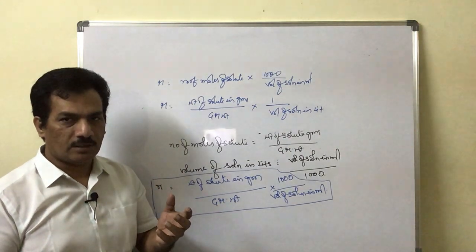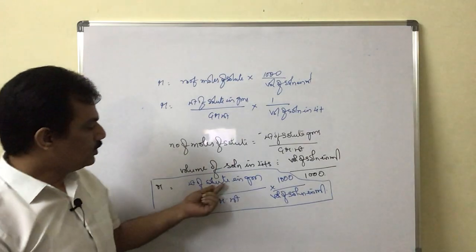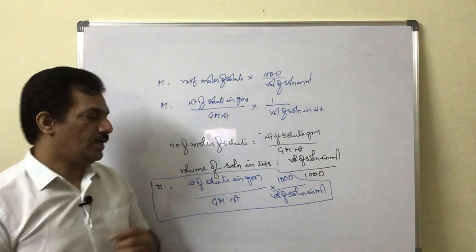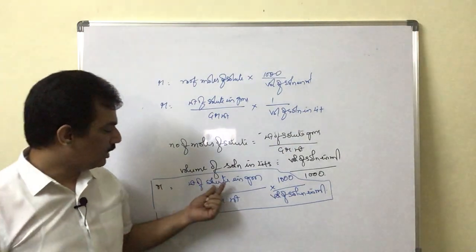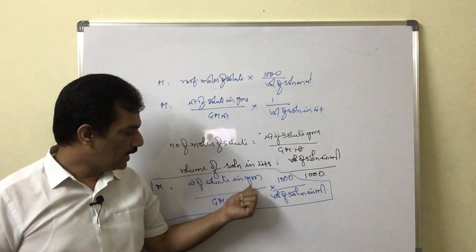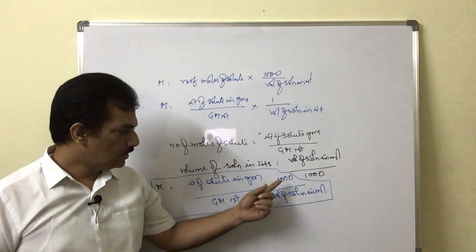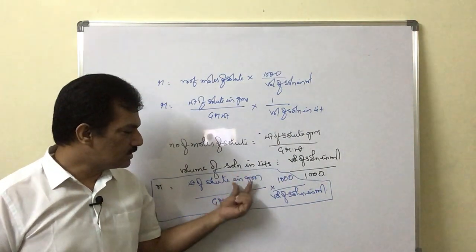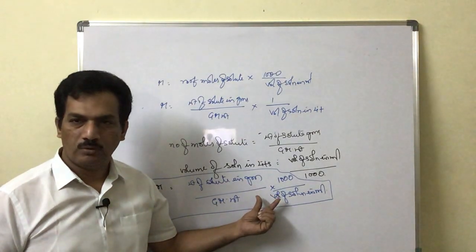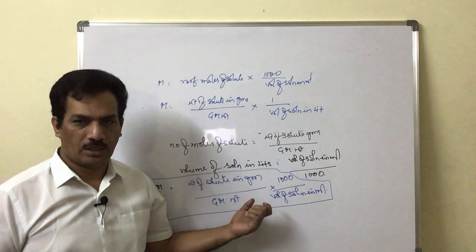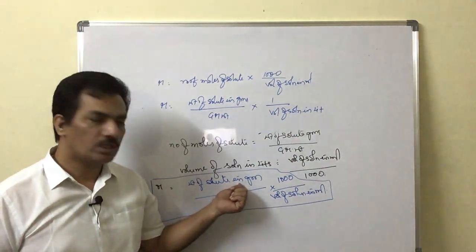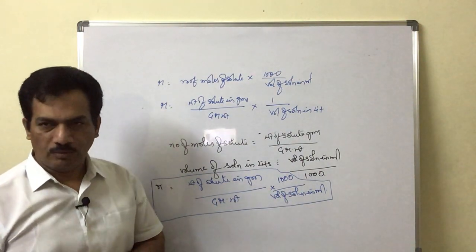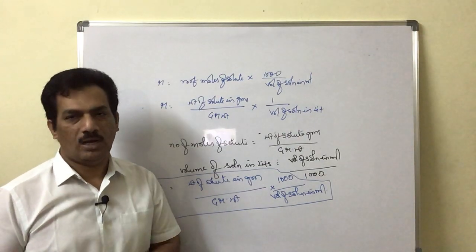But instead of that, if the weight of the solute is given and the volume of solution is given in ml, then molarity is nothing but weight of solute in grams by gram molecular weight into 1000 by volume in milliliters. Most of the cases this is the formula we use in solving numericals, because they provide the solute in weight in grams and the volume of solution, and then ask the molarity.